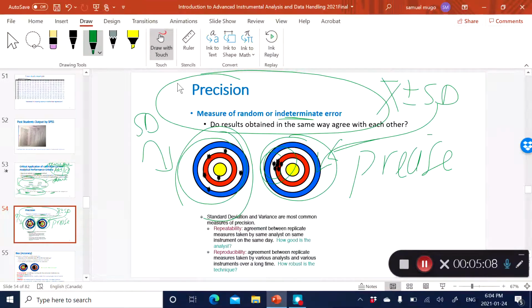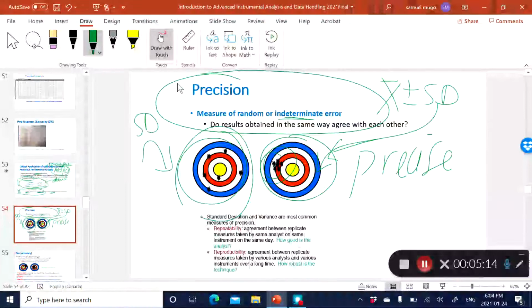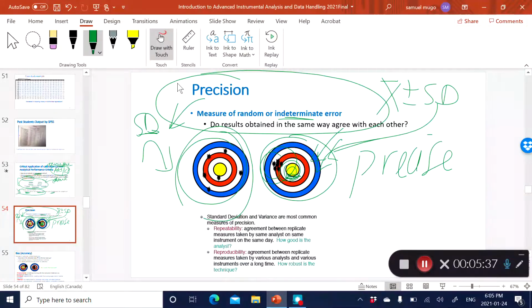I should say that precise data doesn't necessarily mean that it is accurate. As you can see, this data can be very, very precise but very, very inaccurate, meaning it's very far, figuratively, from the bullseye. Whereas in these other cases, the standard deviation is very large, meaning precision is very poor, but the data could actually be more accurate, so don't confuse the two.